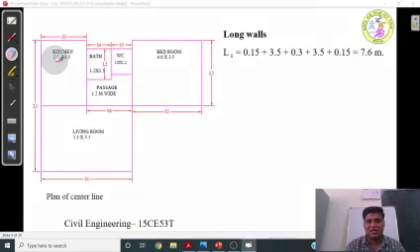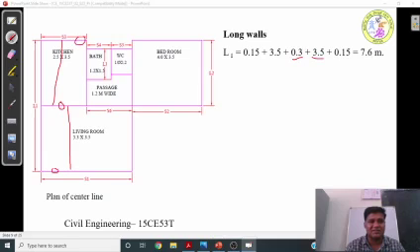And how to calculate the long walls center length? First you need to calculate the center line length of long walls. That is, this is 0.15 meter, which is half the breadth, plus from here to here it is 3.5 meter. Again the width of wall is 0.3. Again from here to here it is 3.5.